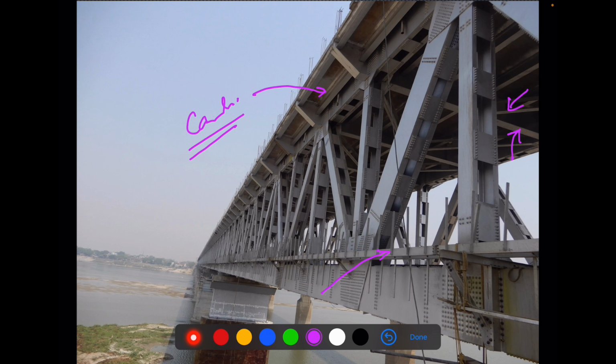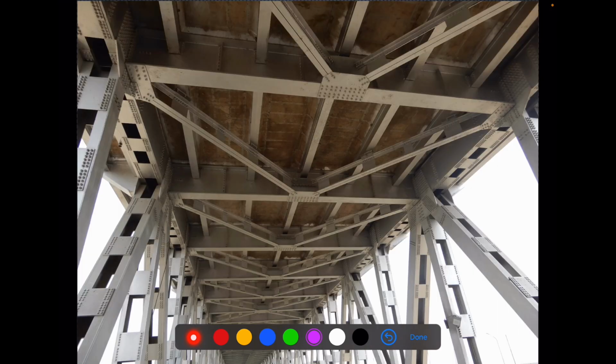A pathway sheet will be provided on the floor over which the person can walk, and this is the kind of platform which has been attached to the girder, and it is supported with the help of these angles also. What else is visible?